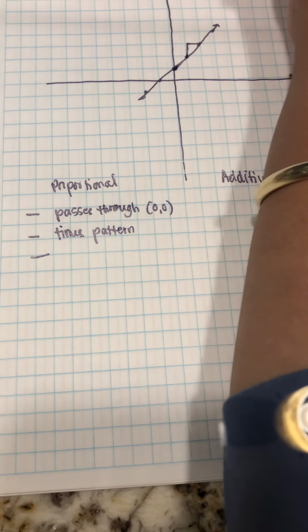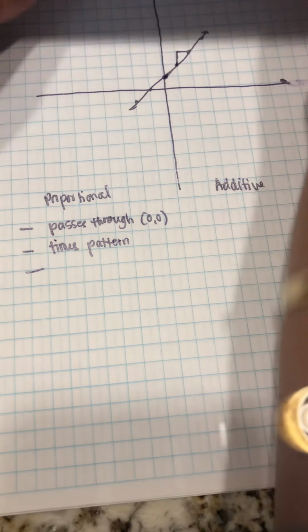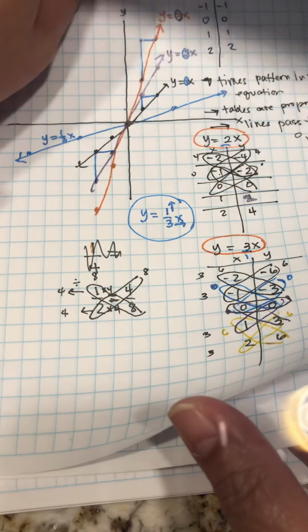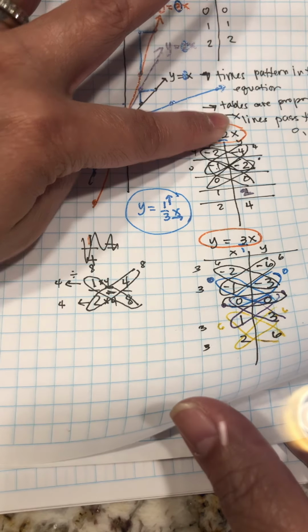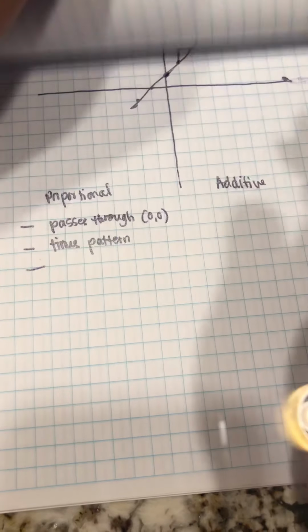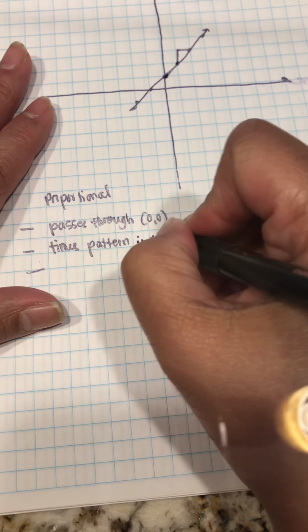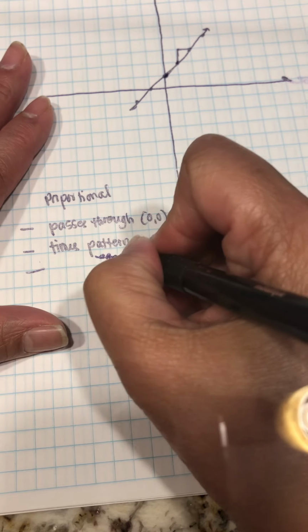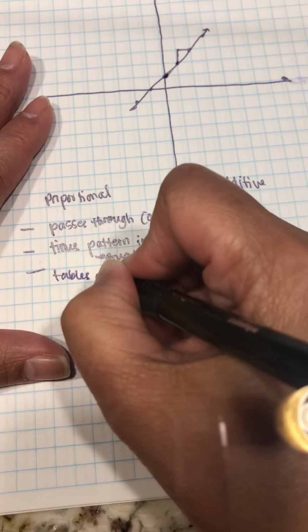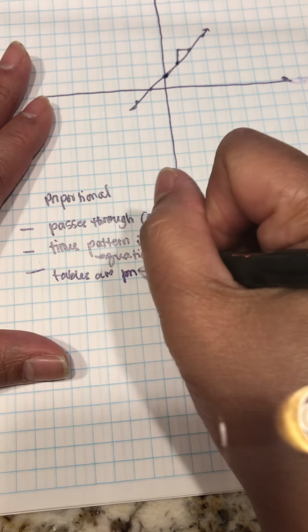Let's go back to our observation earlier. Tables are also proportional. Times pattern in the equation. So times pattern in the equation. And tables are proportional.